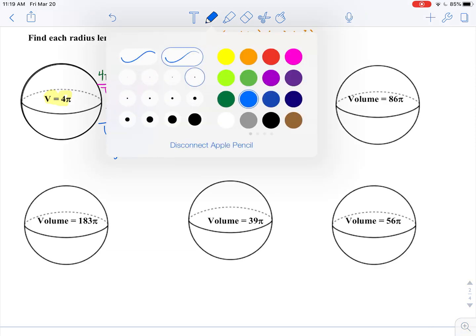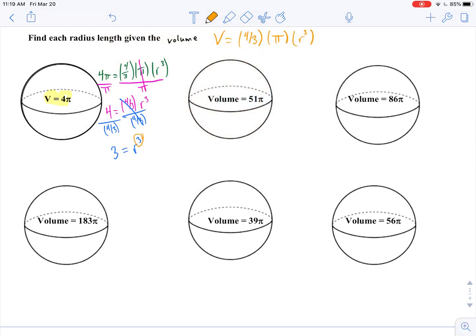So 3 equals r cubed. And then our very, very last step here. I want to get rid of that exponent. What's the opposite of cubing a number? Well, that would be cube rooting.